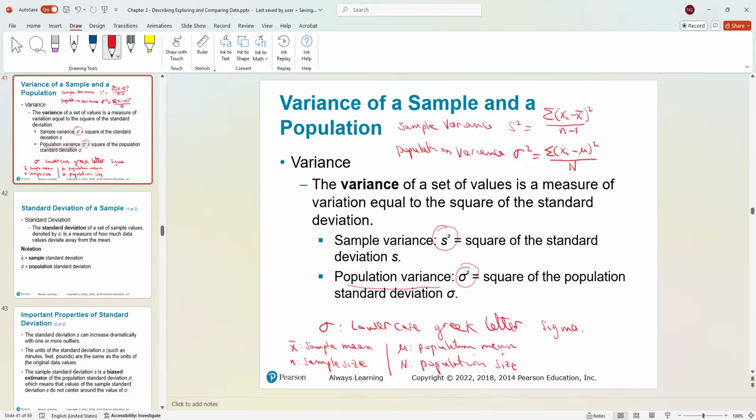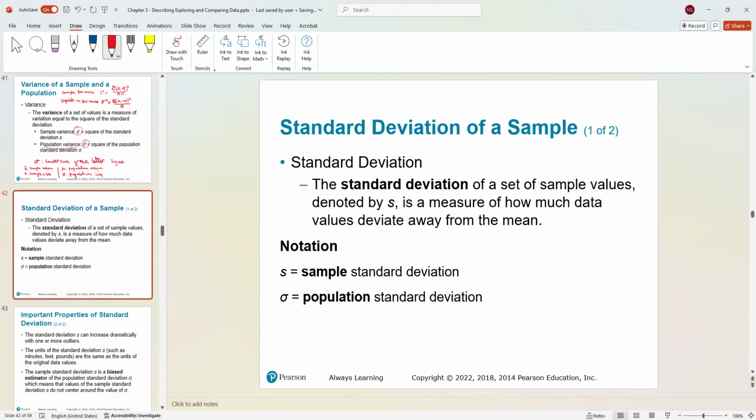Now you know how to find the variance. When we deal with standard deviation, the population standard deviation is just the square root of the variance.